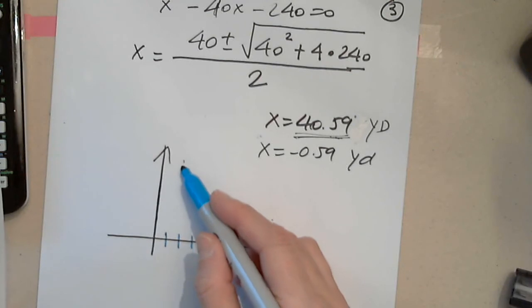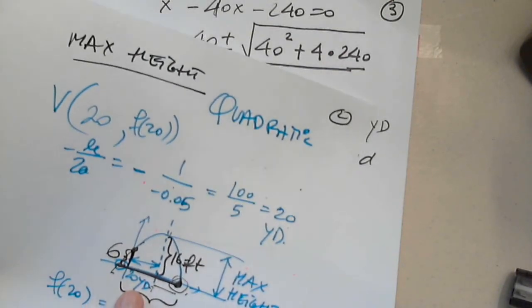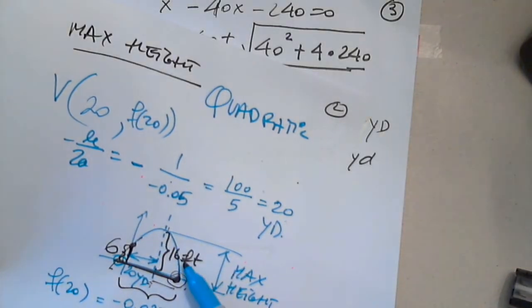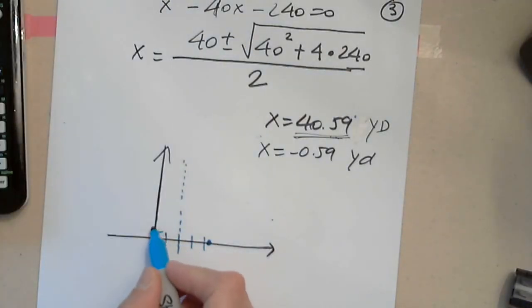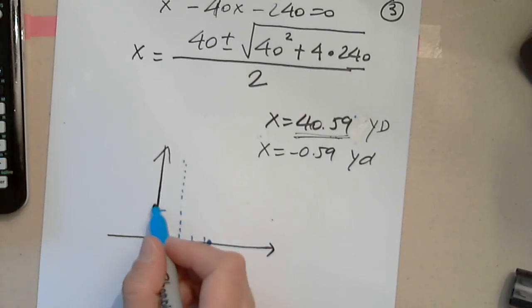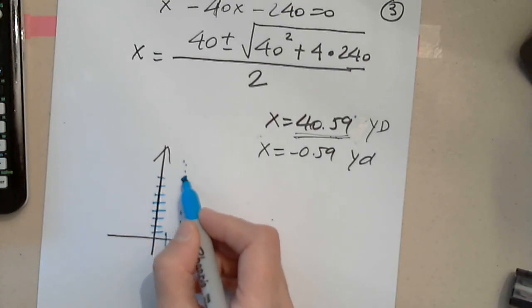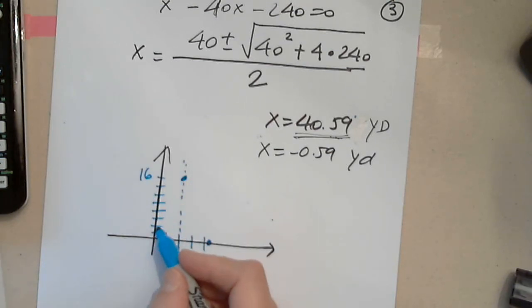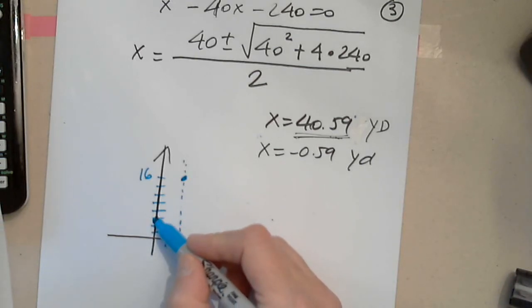When X is 20, there is a maximum, and the maximum is 16 feet, and this is 6. So 2, 4, 6, 8, 10, 2, 4, 6. So this is 16, and 2, 4, 6, and that's the graph.